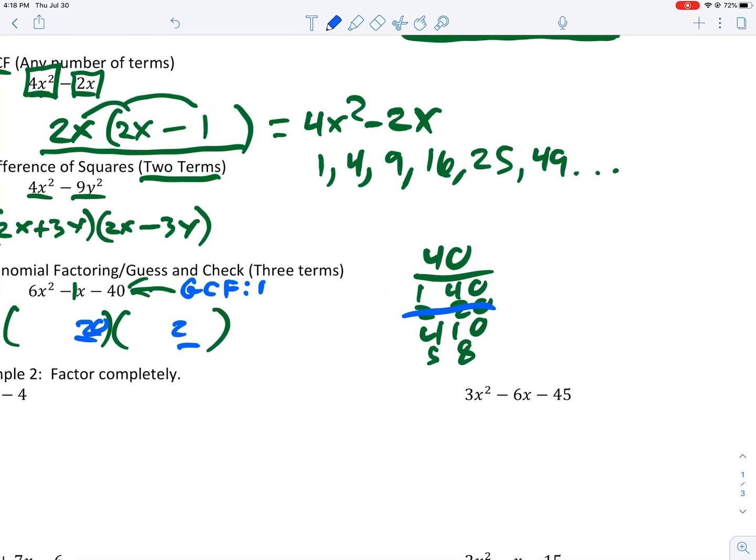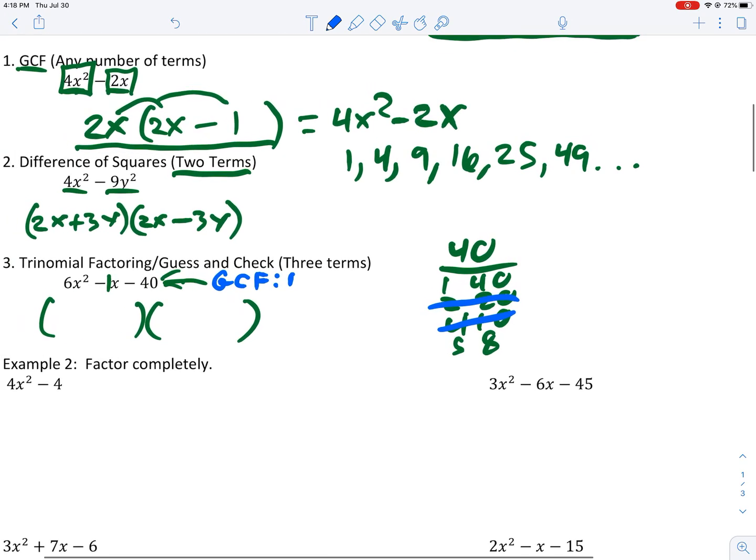So I can't use that one, because it would give me a GCF other than 1. Same thing with 4 and 10, they'd have a GCF of 2. So I've eliminated half my choices. It's either 1 and 40 or 5 and 8. Factors of 6: 1 and 6, 2 and 3.